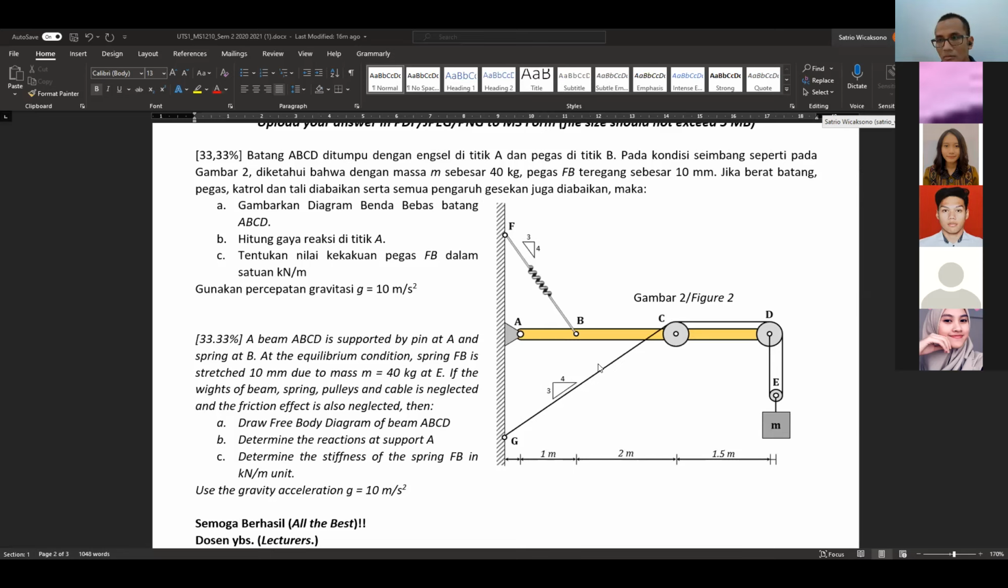It's up to you which free body diagram to draw. You can include the pulley or not. If you don't want to include the pulley, only A, B, C, D, like what I normally teach you, it means you have to solve for the pulley first, for the external force, the reaction force because of the pulleys. So basically, how to draw it?